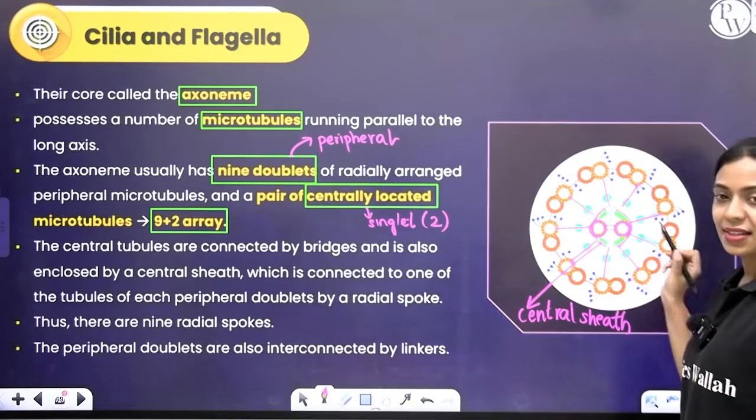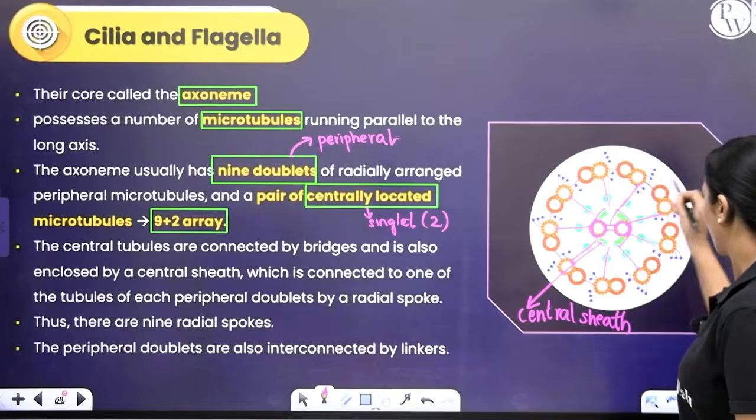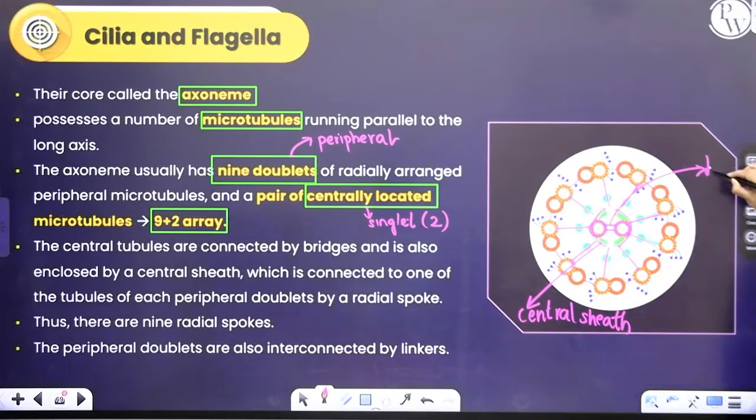The 2 singlets in the center are also connected by what is called a bridge.